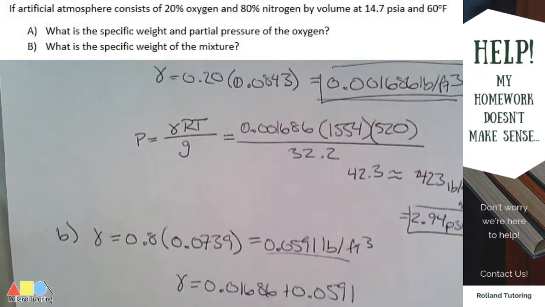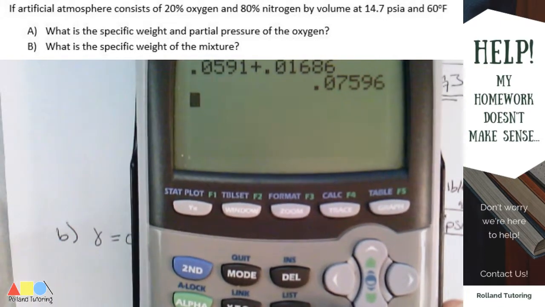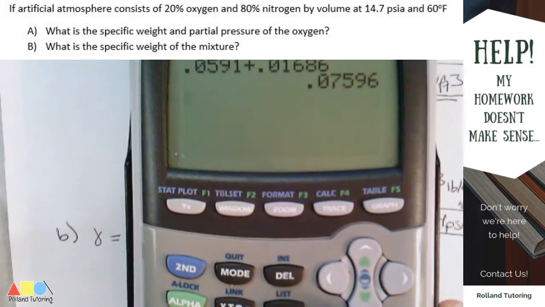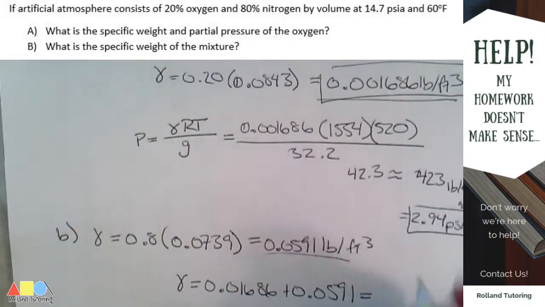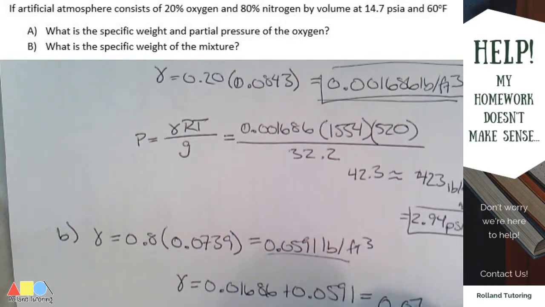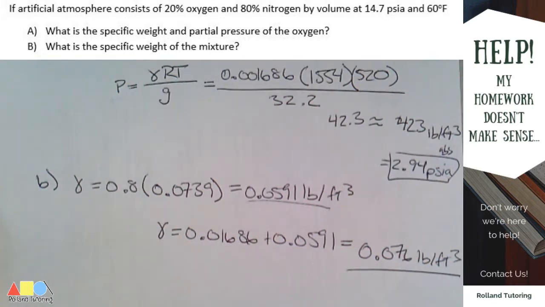Again, you can round those however you see fit, but that will give us 0.07596, or 0.076 pounds per cubic foot, as the specific weight for the entire mixture.